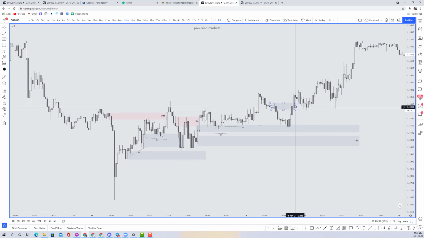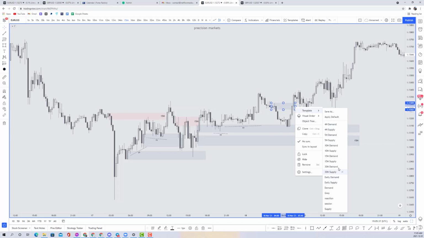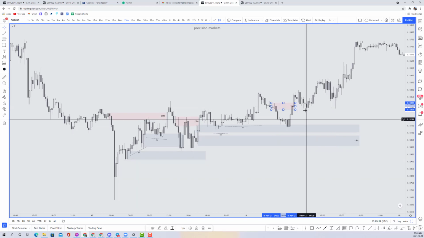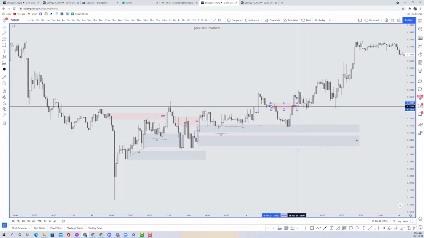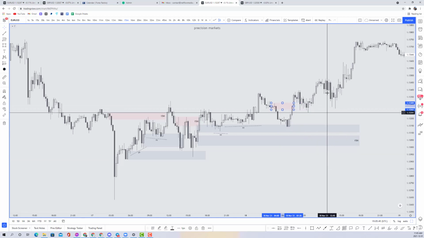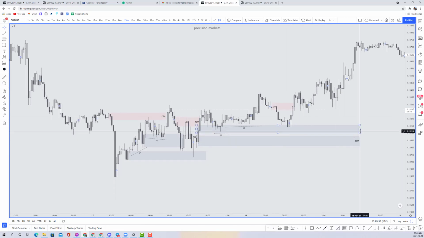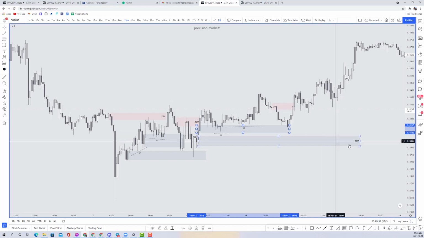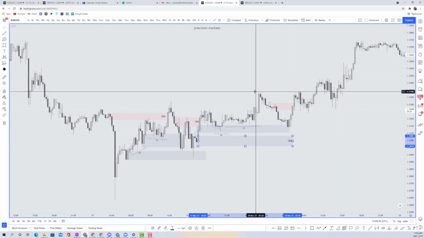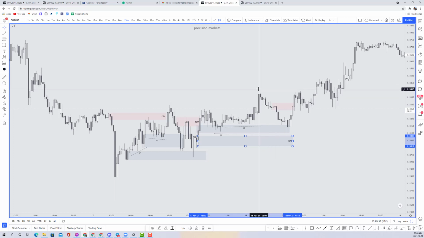So again, we have a supply zone here. And if we look at this, I'm just going to retract that. I'm just going to call that supply. Okay, so again, you have a couple of POIs that we really like, and we're going to retract these to clean it up a bit. You also have the extreme supply, but I want to know where the initial flip happened.